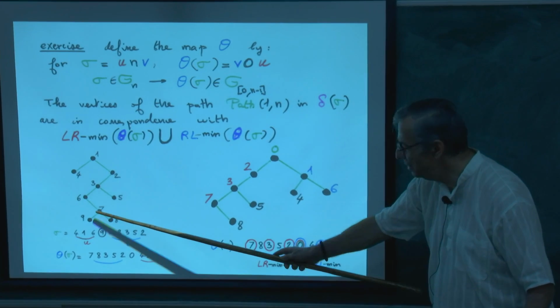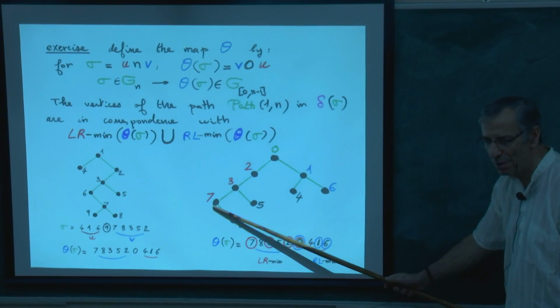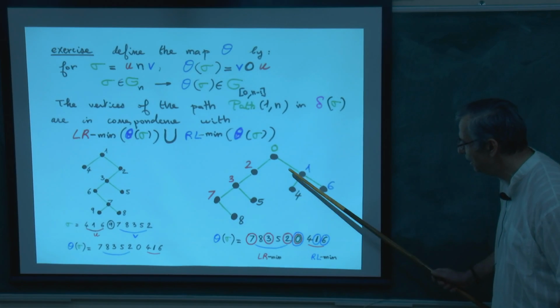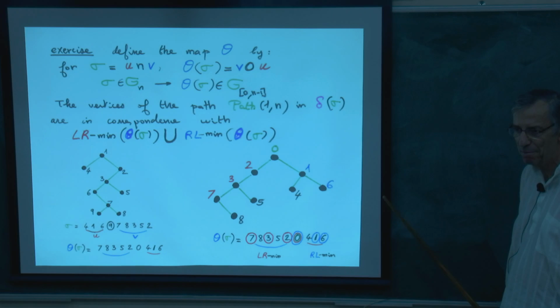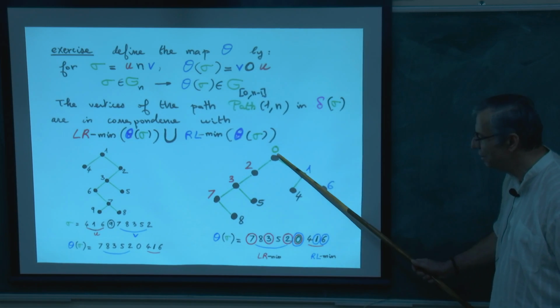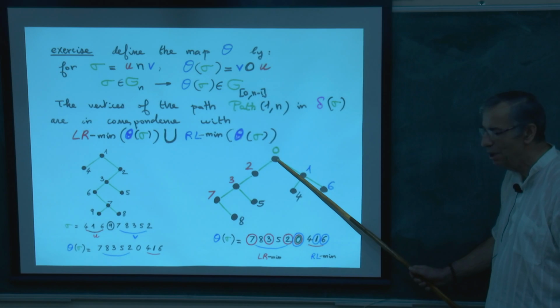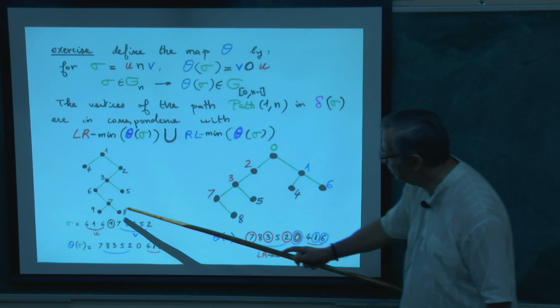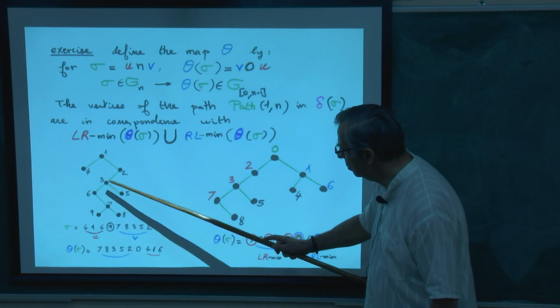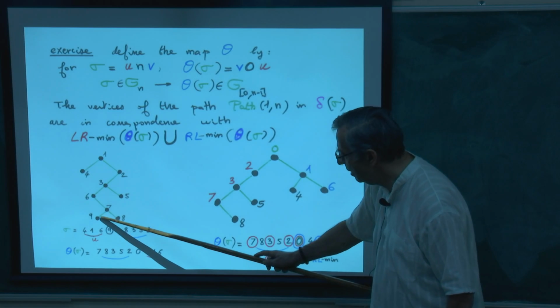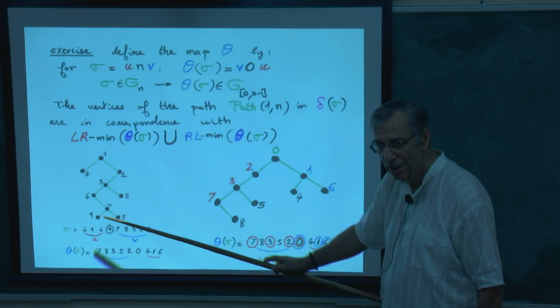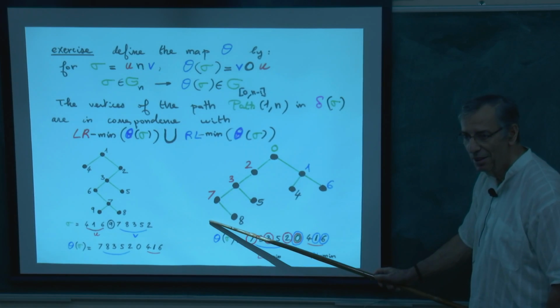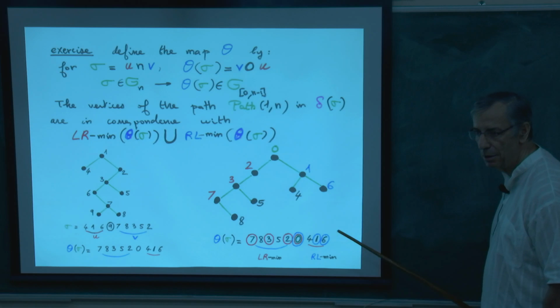The height of n becomes the sum of this red element and this red, so it becomes the length of the left branch plus the length of the right branch minus 2. I don't have to count the 0 twice. So you see the height of 9 is 0, 1, 2, 3, 4, 5. The height of 9 is 5, which corresponds to 3 on the left branch plus 2 on the right branch.